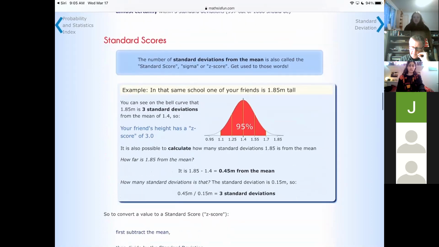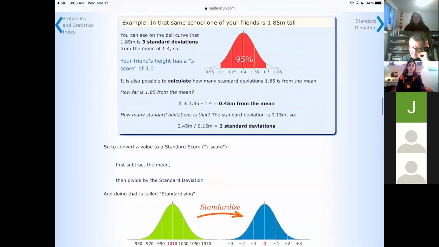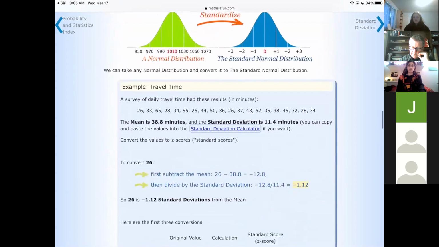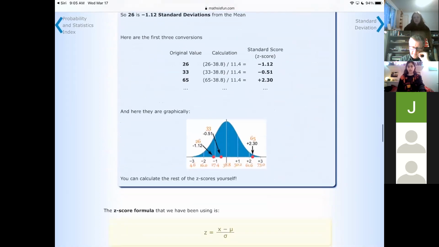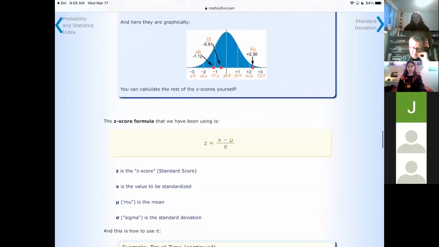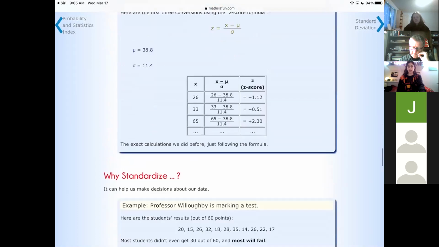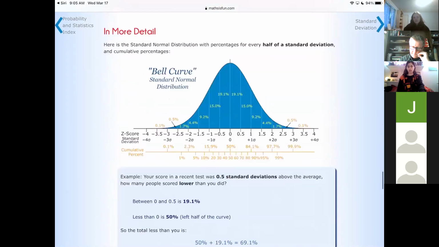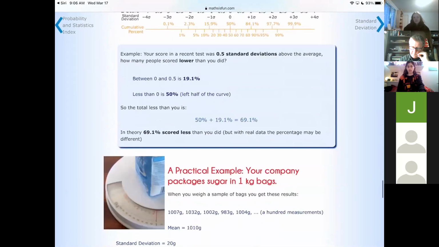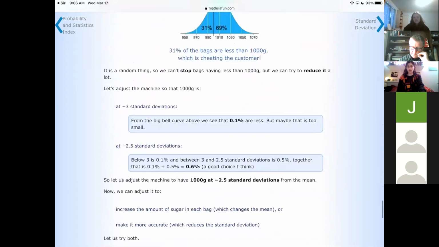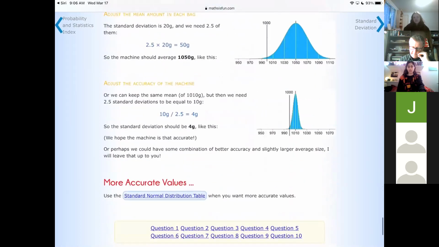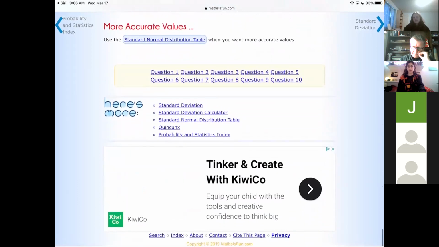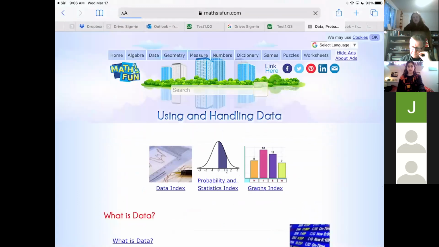I'm showing you a slightly more complicated version of this formula than what's sitting on your formula sheet, just because I'm trying to help you understand this a little better. That didn't work.